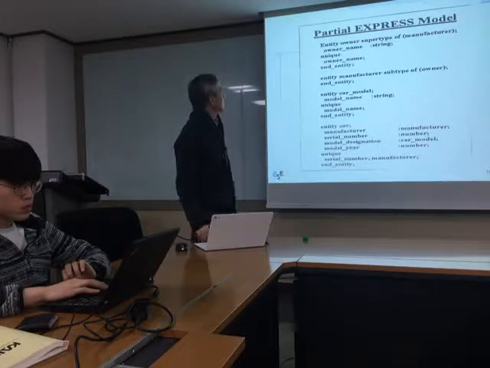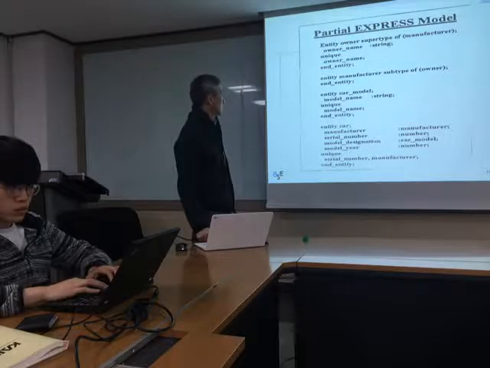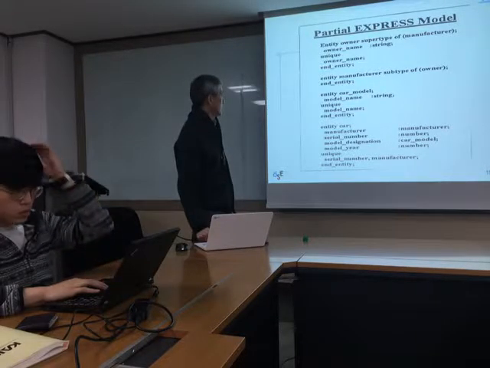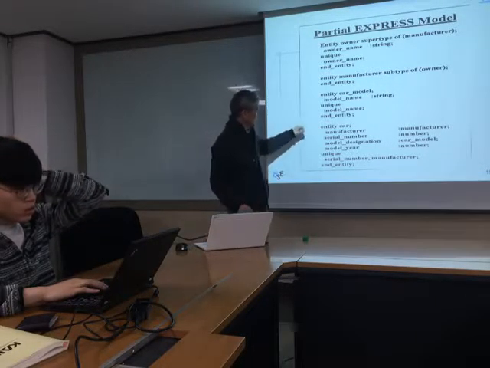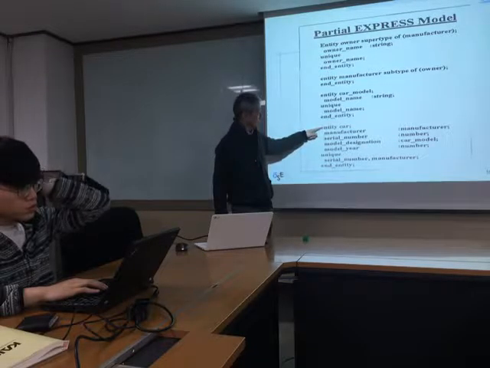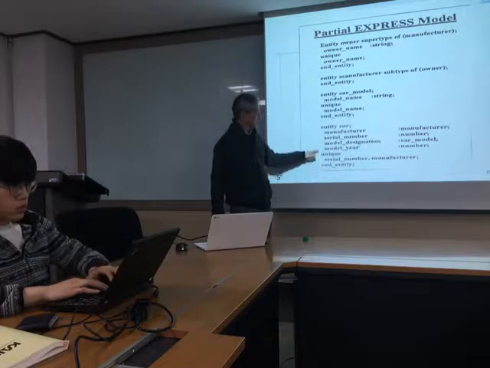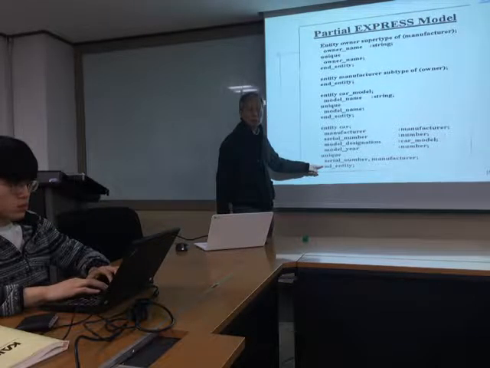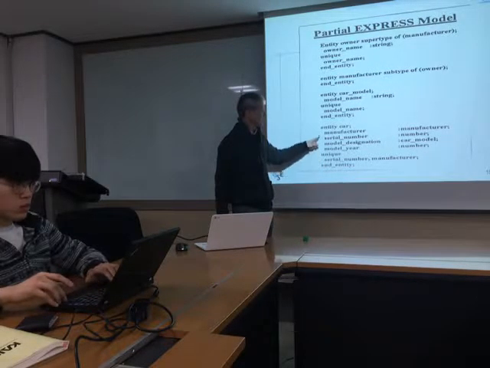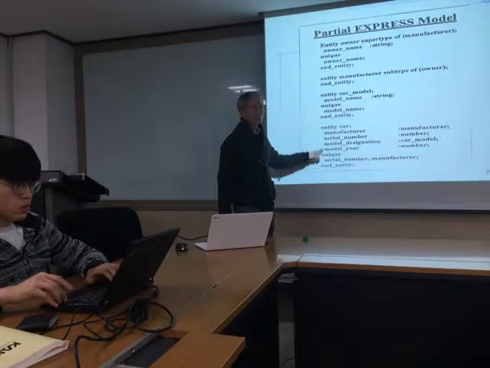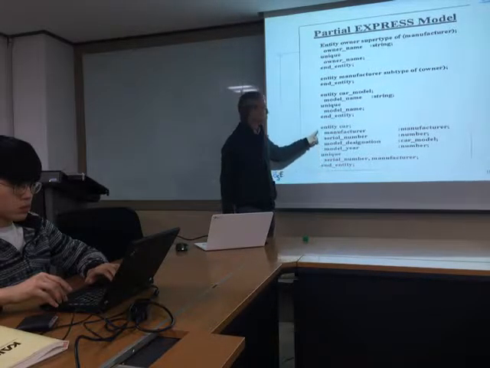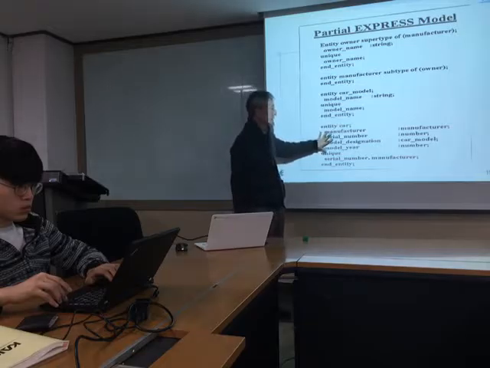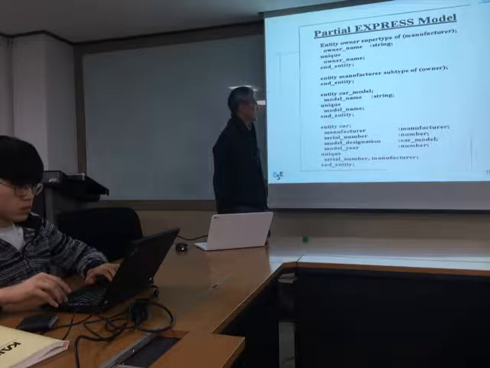Here is an EXPRESS model of the same car classes. So you see that there is an entity car and end of entity. So this is one definition of one entity, and one entity means one class or one object. So you can say class or schema.